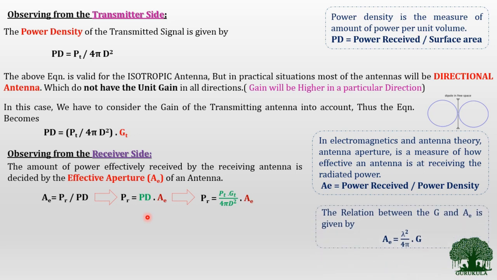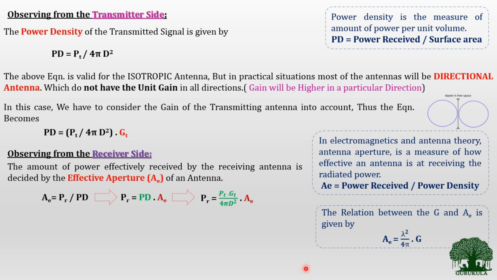So the relation between the effective aperture and the gain can be given as lambda squared over 4 pi times g, where lambda represents the wavelength, and you all know that the formula for wavelength is c by f, where f is the frequency, and the wavelength will define the size of an antenna.